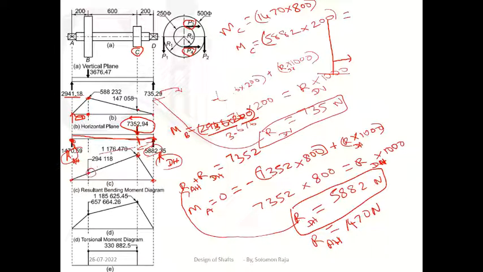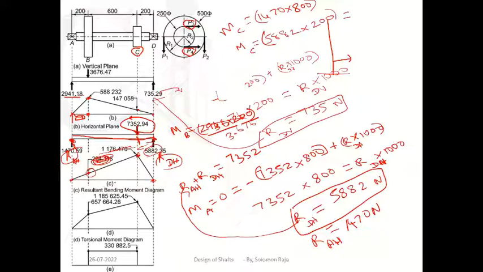But I have this answer. This particular answer I don't have. I have to find it. How can I find it? Very simple. This particular triangle and this particular triangle are similar triangles.